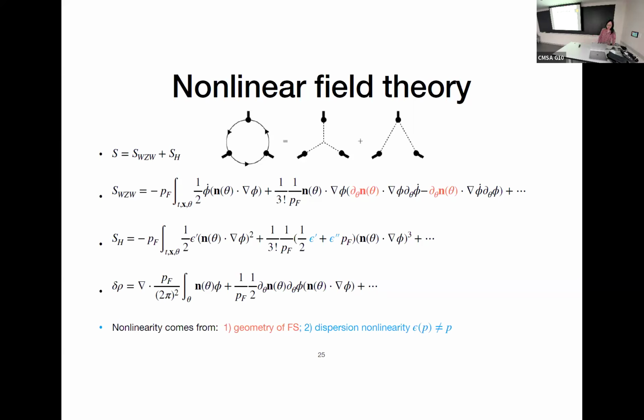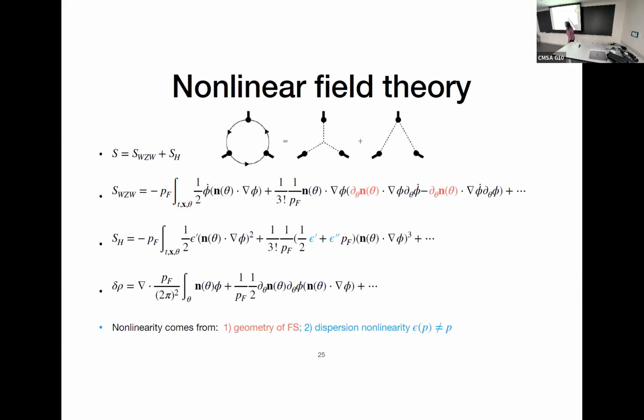The first part is the geometry of the Fermi surface. We can see here in the Wess-Zumino term part, the nonlinearities come from, for example, the 1 over P_F, where P_F is the Fermi momentum, and this is related to the Fermi surface curvature.